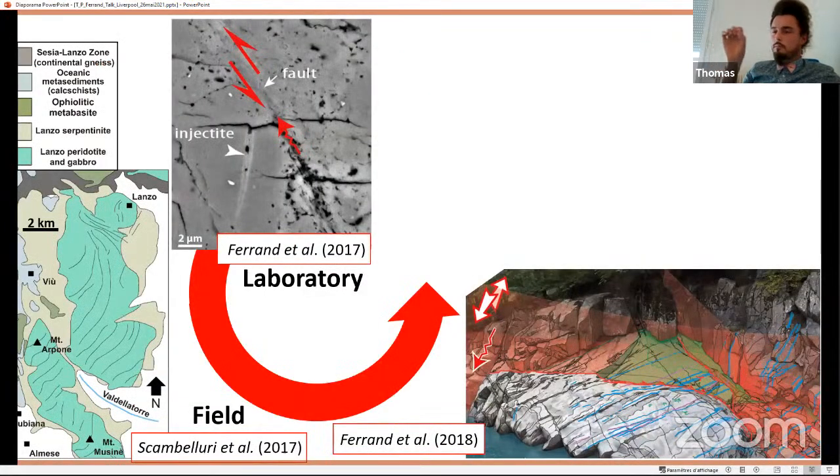So yeah, why talk about the rupture mechanics itself? Because these works allow us to check to what extent the dynamic ruptures obtained in the lab are representative or not of the ruptures that occur in nature.